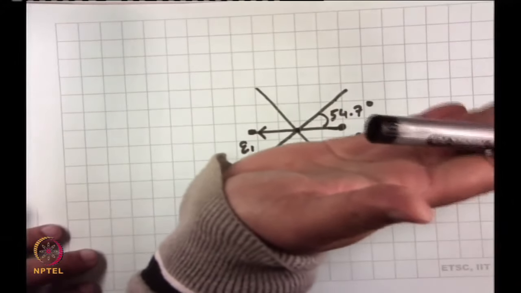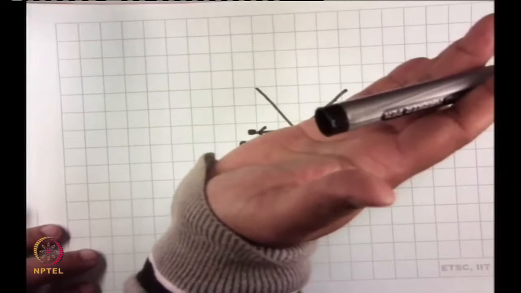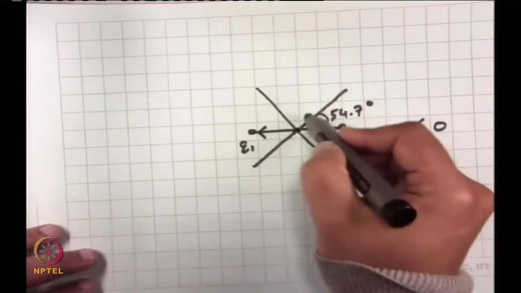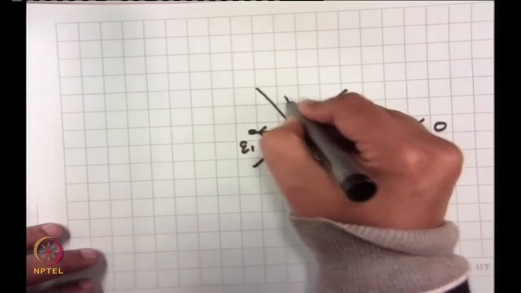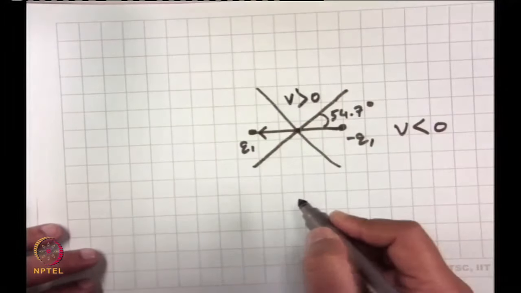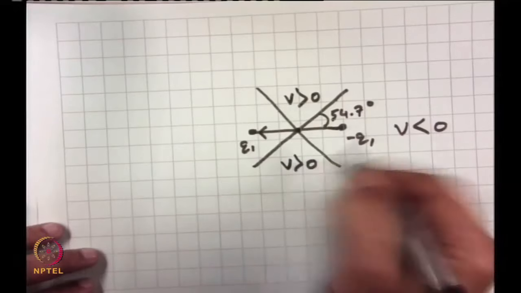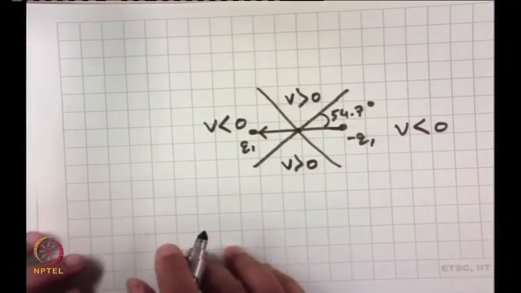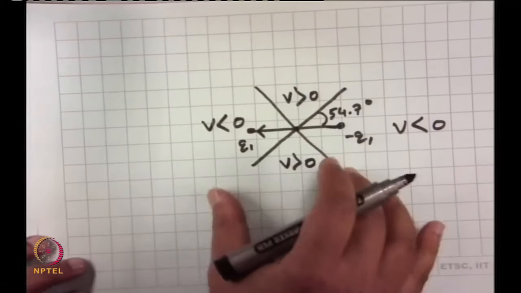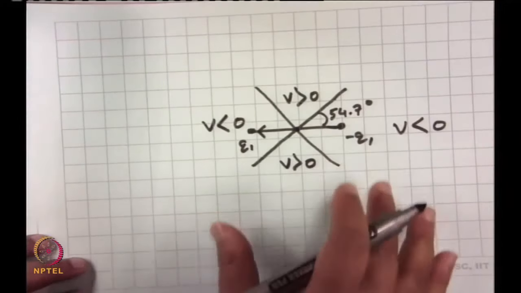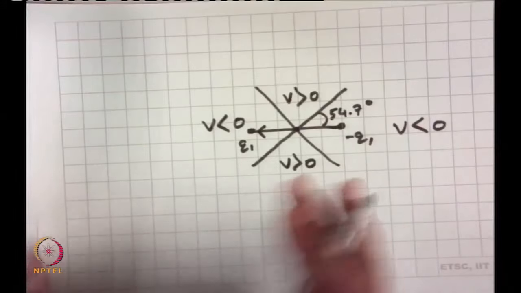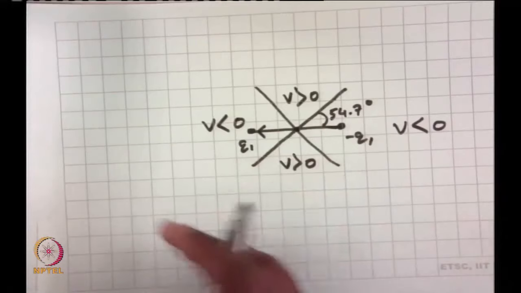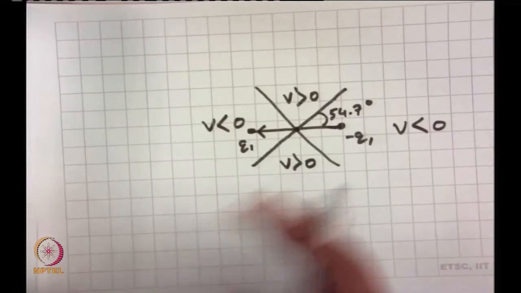You move like this, you go to 0, then beyond that you will go into the repulsive regime. So, between these two lines, V is greater than 0. Similarly here V is greater than 0, and then again you come to the other side, you have V which is less than 0. So, this is a very nice picture which tells you how the dipoles, if they are oriented, what their respective nature of potential energy would be, whether attractive or repulsive.